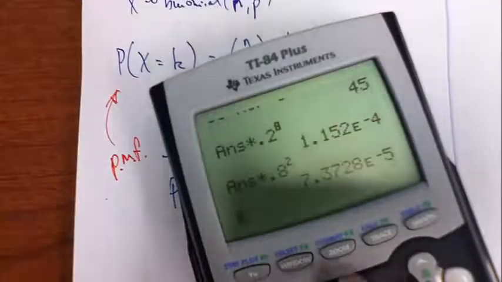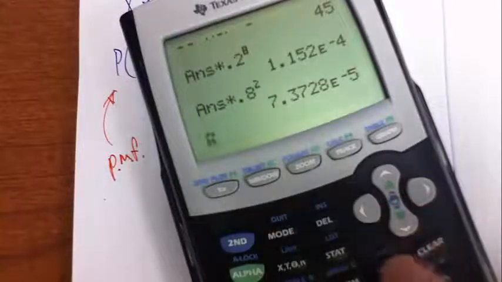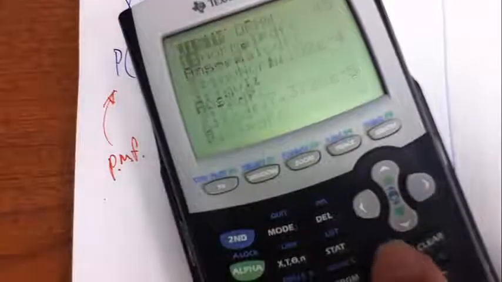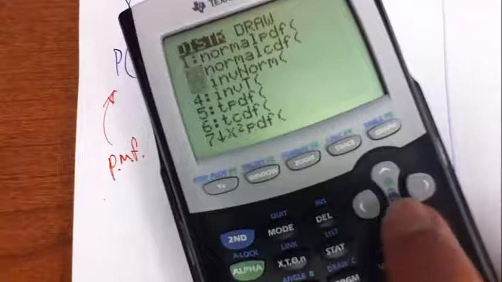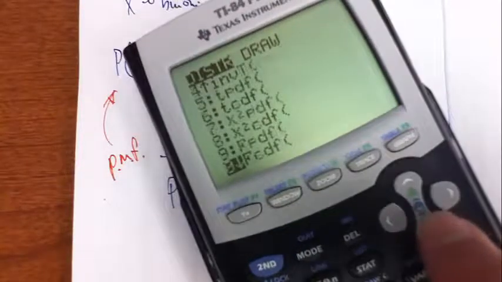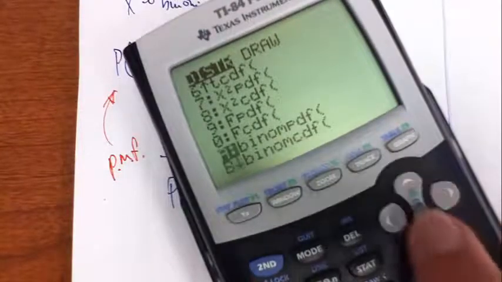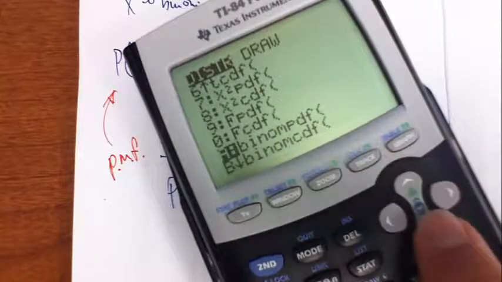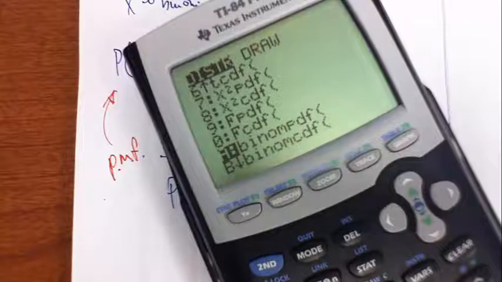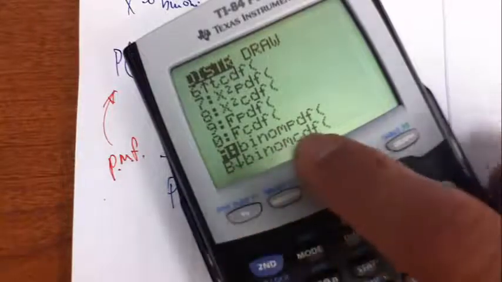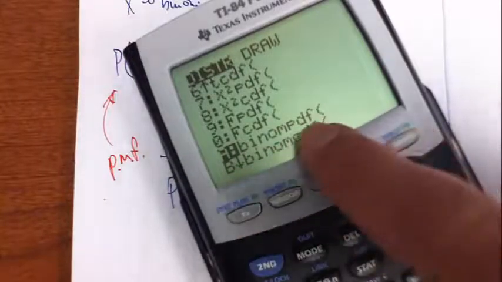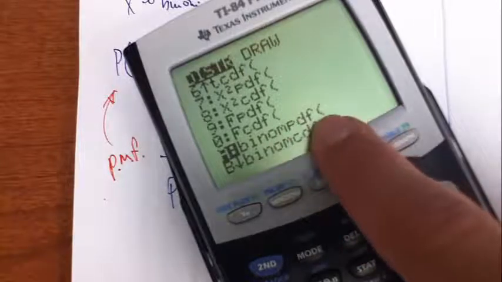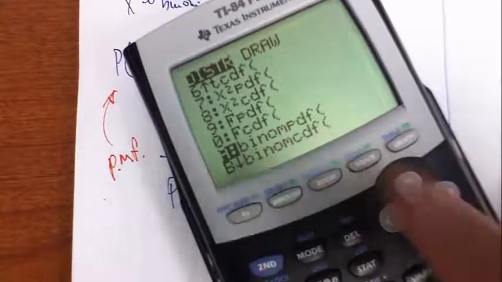That function is here. If you go to the distribution menu, second, DISTR, come down to option number A. Now you see there are two that look very similar. We'll do this one first. binomPDF stands for binomial probability density function. It really should say probability mass function, but whatever.